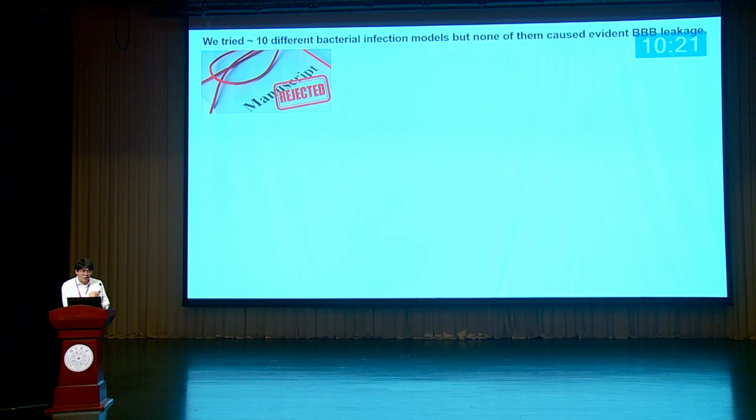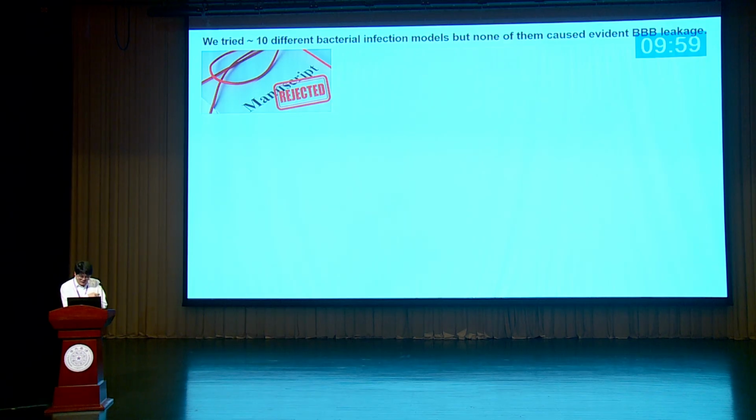Then one of the reviewers really hated the LPS shock model and wanted us to show that bacterial infection can trigger this pathway to induce gasdermin D activation and BBB disruption. But we tried 10 different bacterial infection models, and none of them worked. The paper was rejected and sat on my computer for more than a year.